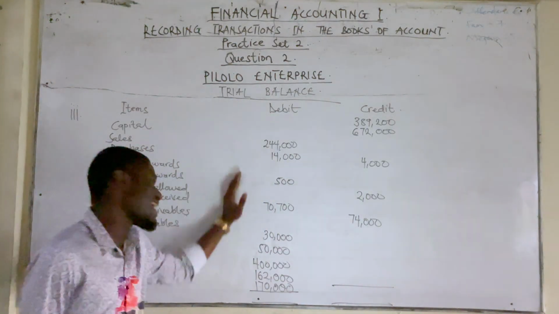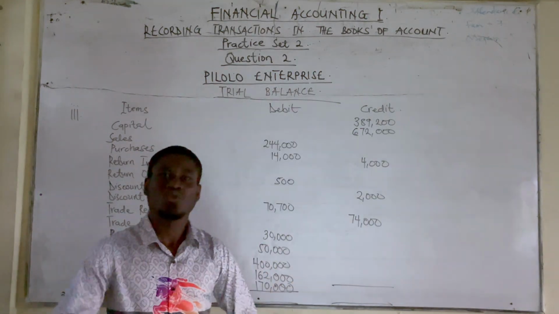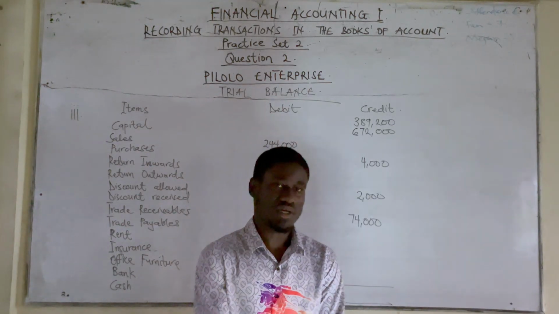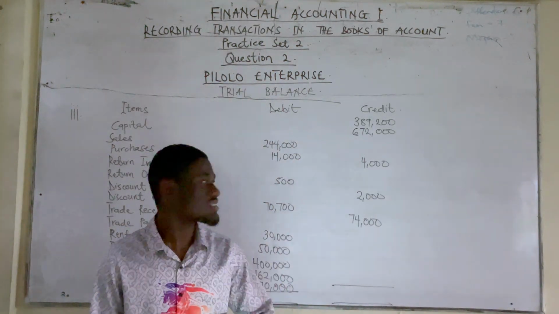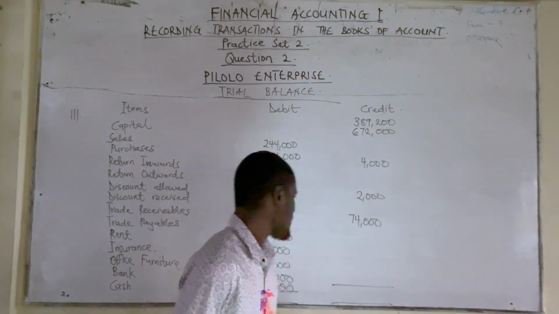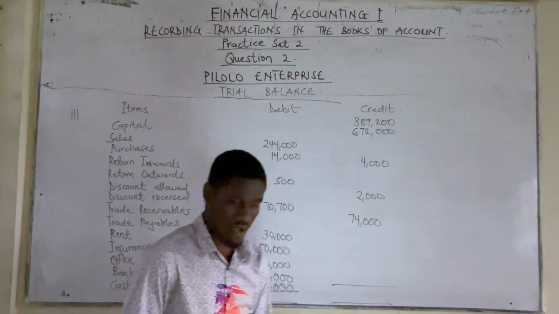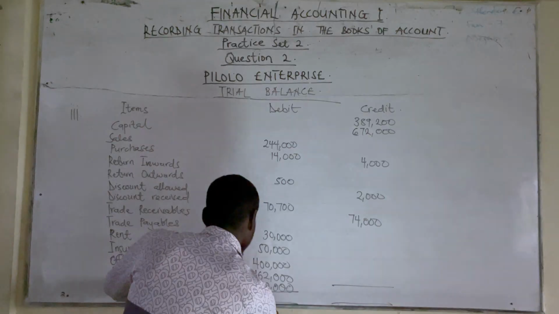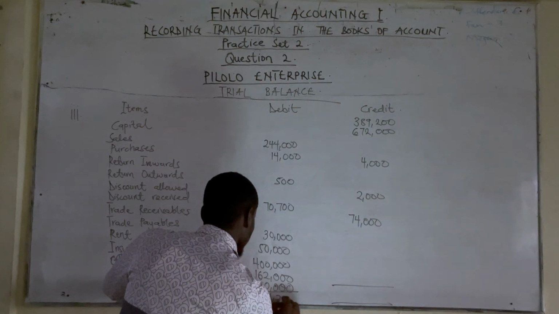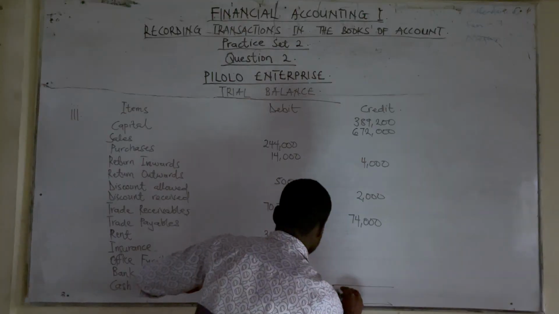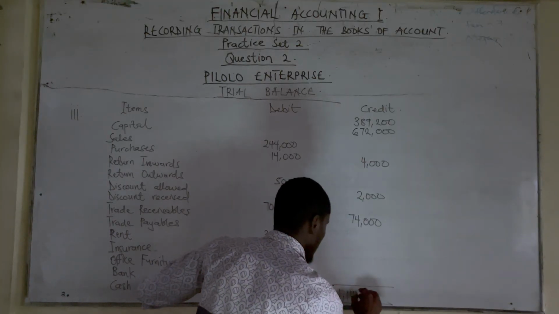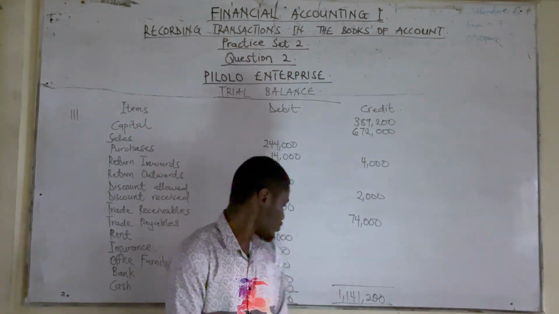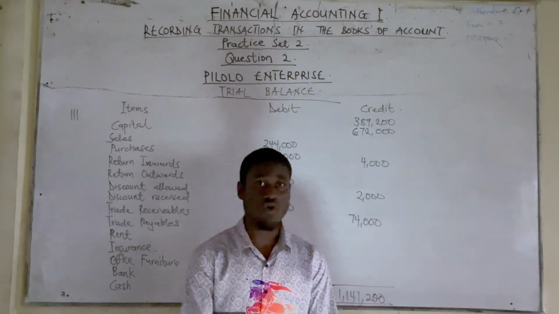If you don't get this side equal to this side, that means we made a mistake somewhere. That means we didn't follow the double entry principle somewhere, or we didn't record the right item in the right account. Good. So when we add this one up, we get 1,141,200. When we add this one, we get 1,141,200. Good. So that's all for the trial balance, and that's all for this question.